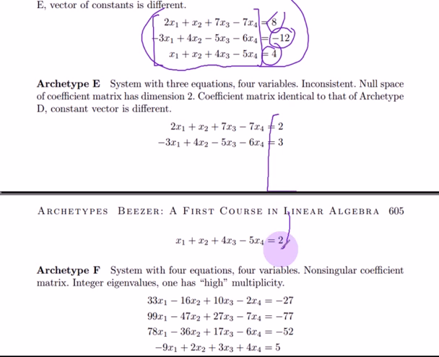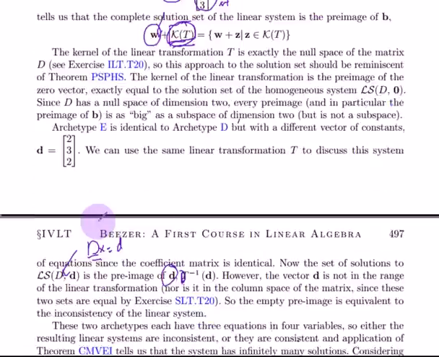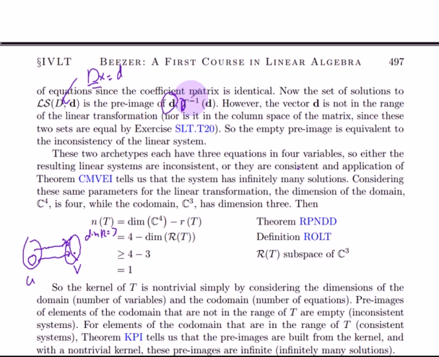And you can verify that, in fact, this system of linear equations does not have any set of variables that will give you this constant vector as a result. It's an inconsistent system, and what that means, according to our picture, is simply that this vector 2, 3, 2 is in the part of V that's not hit by the linear transformation.